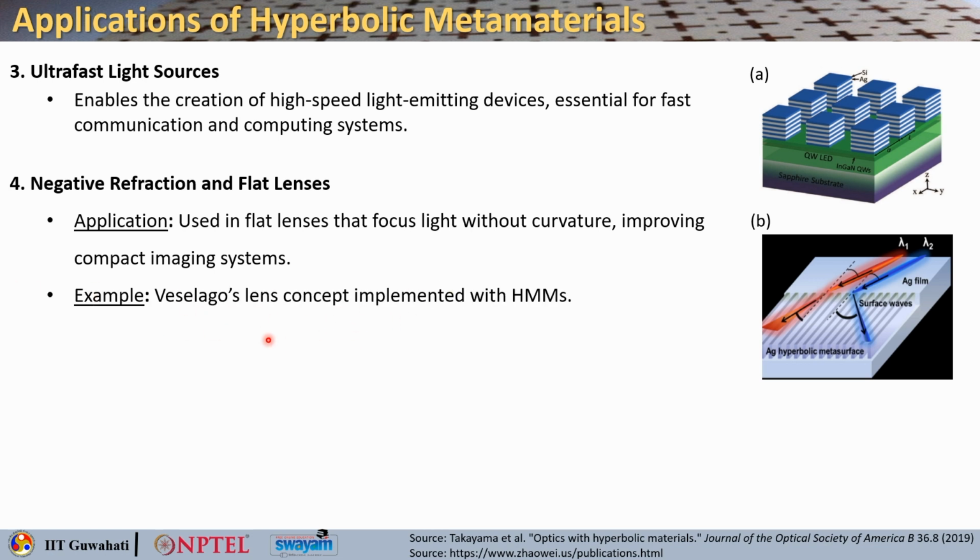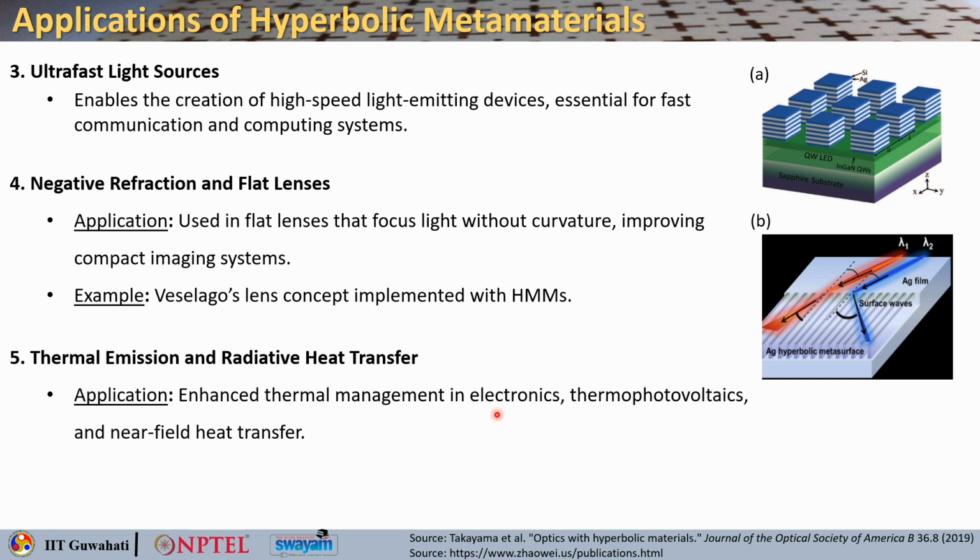So, one example could be the conceptual realization of a lens with HMM. Here in the figure you can see that the lambda 1 wavelength just passes through, but the lambda 2 wavelength is basically reflected. So, you can see it bends light in an unusual way, showing negative refraction.